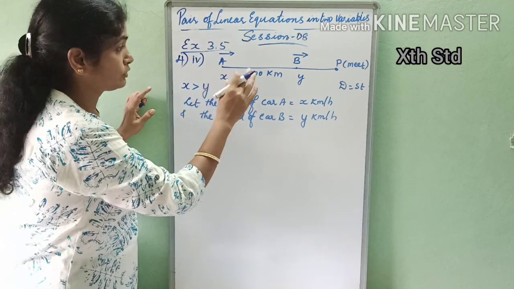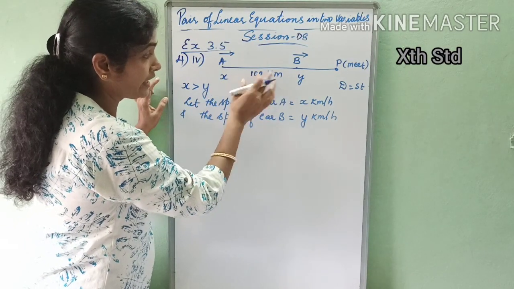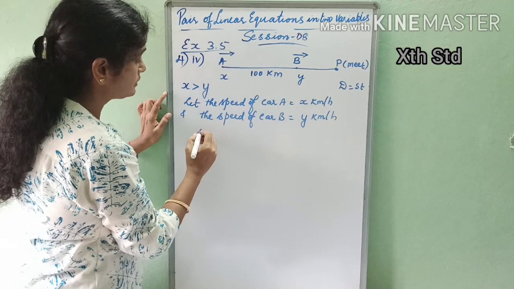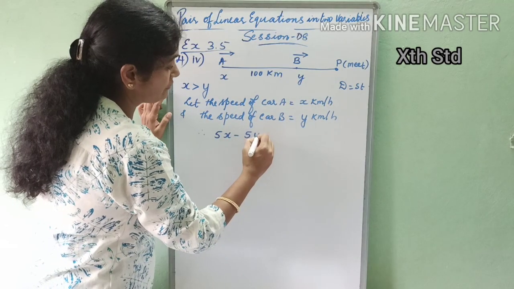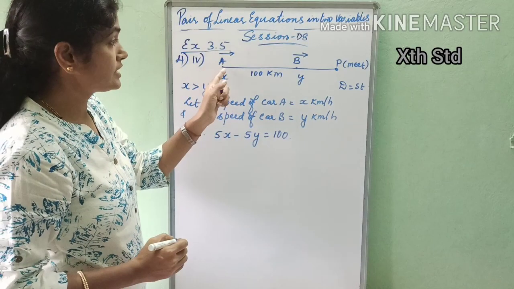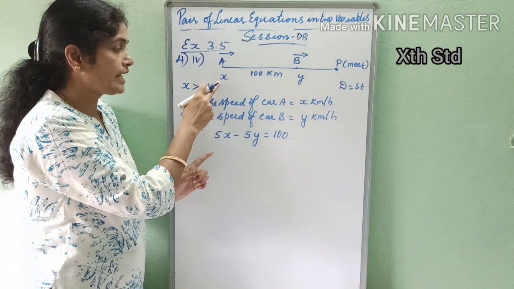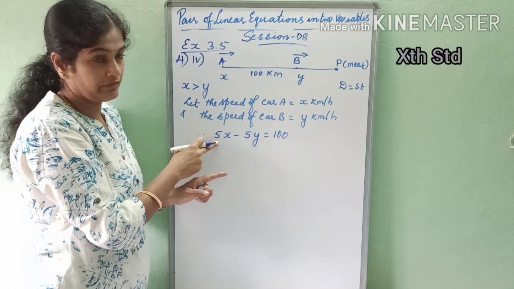Therefore, since they are 100 kilometers apart, 5x minus 5y is equal to 100. The distance travelled by car A at a speed of x kilometer per hour in 5 hours is 5x.